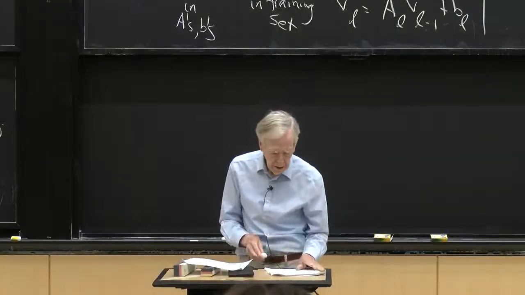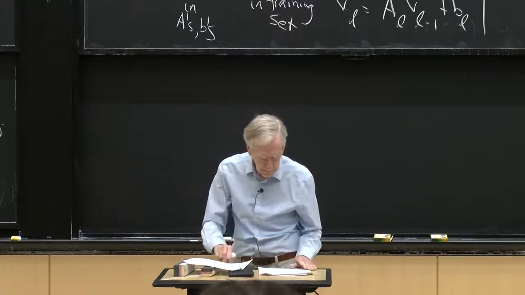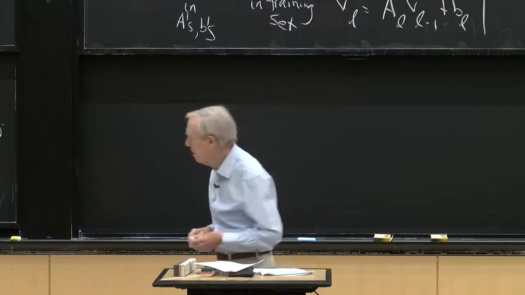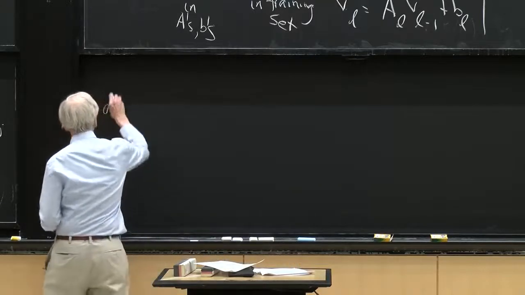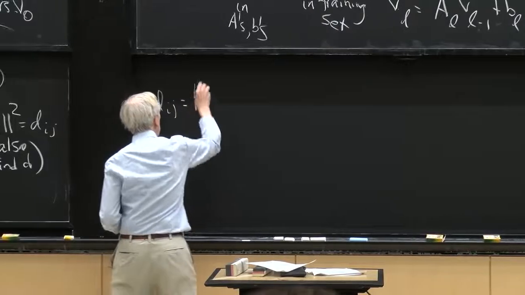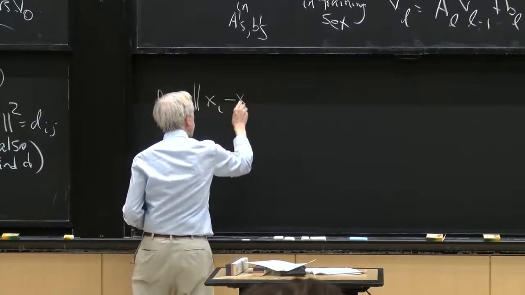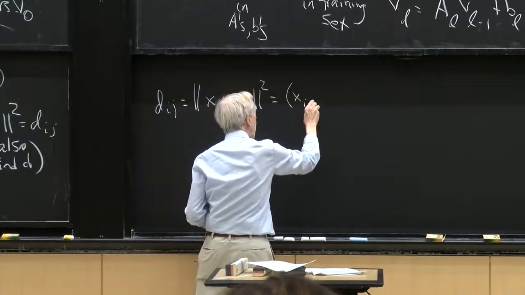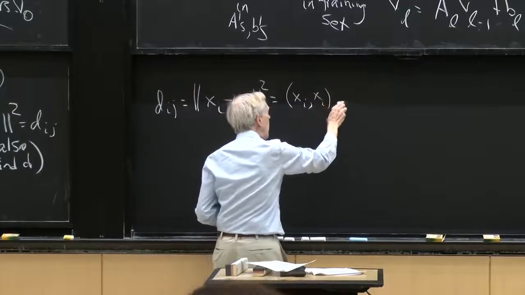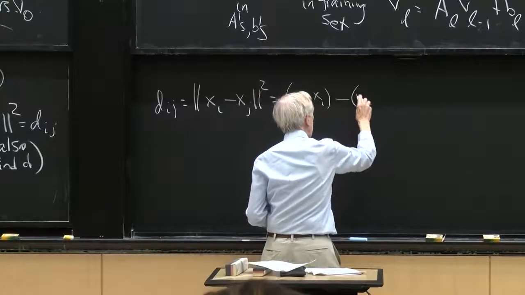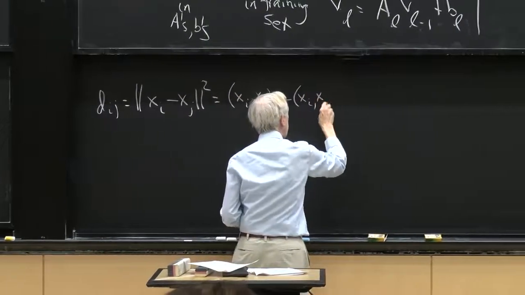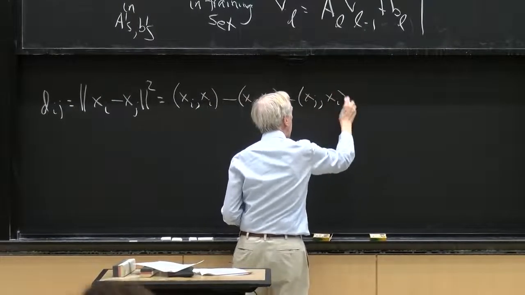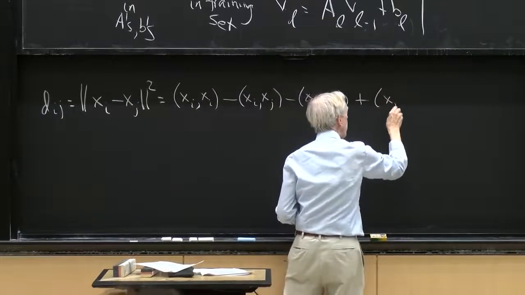All right. So let's recognize the connection between distances and positions. So Dij is the square distance between them. So that is xi dot xi minus xi to xj minus xj xi plus xj xj.